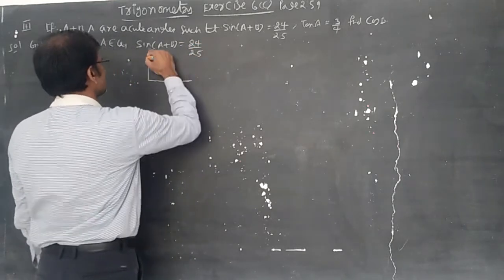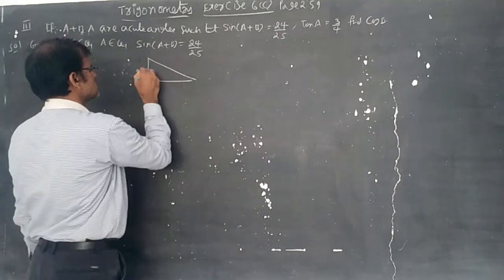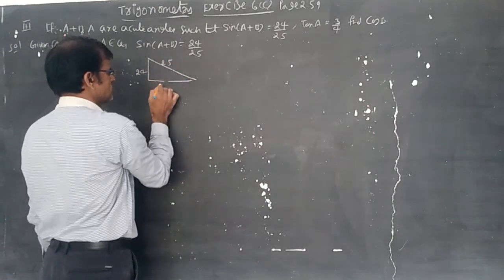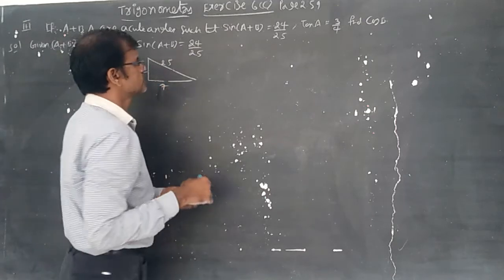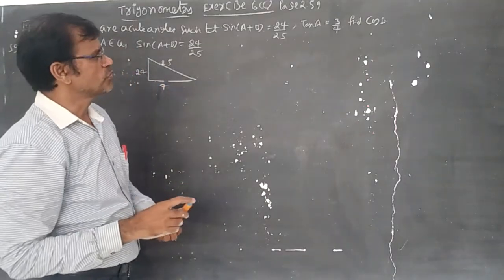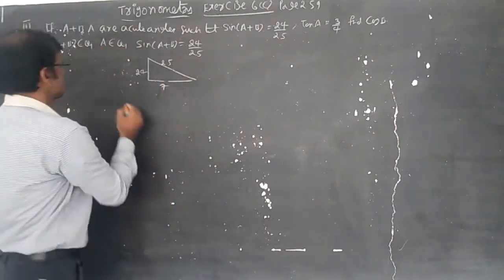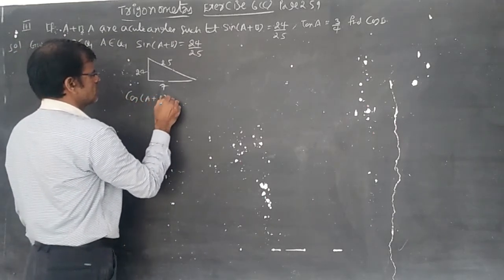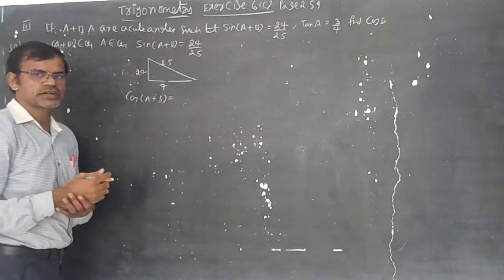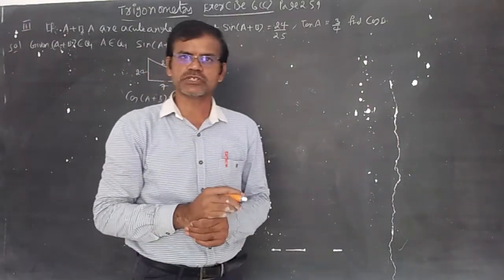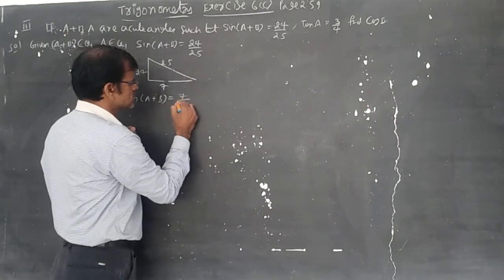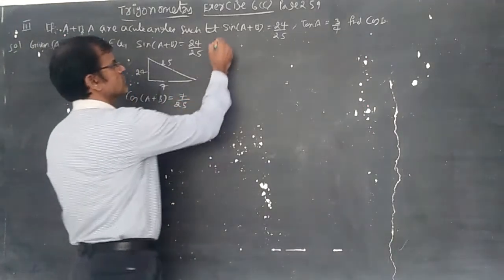Draw a triangle. Put here, this is 24, this is 25, this is 7. Now we need to calculate cos B. So write here cos of A plus B. Since A plus B is acute angle, it is in first quadrant, everything is positive. So you can write adjacent side by hypotenuse concept. This is 7 by 25.